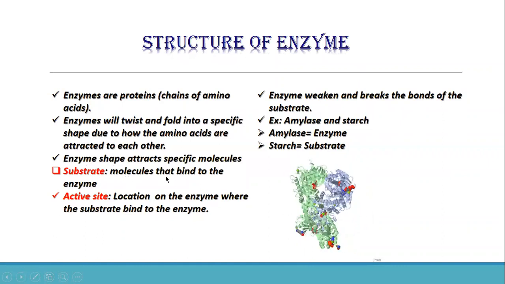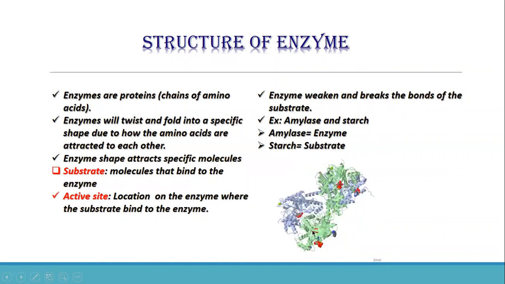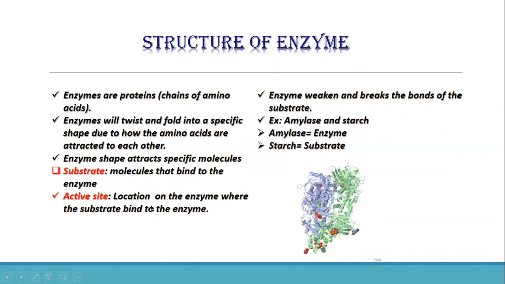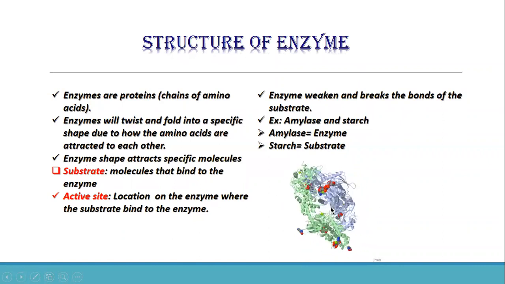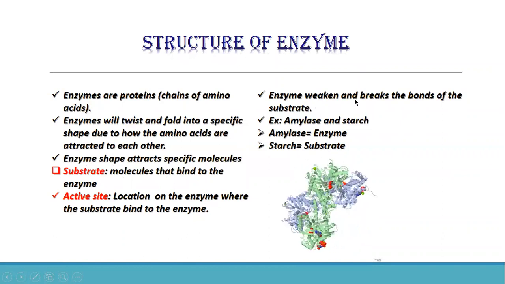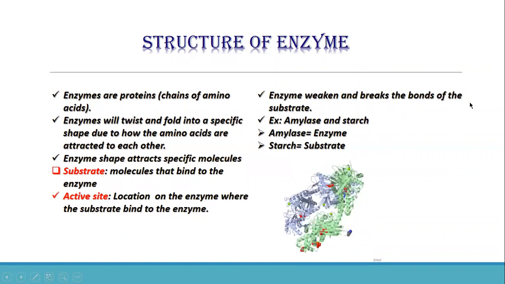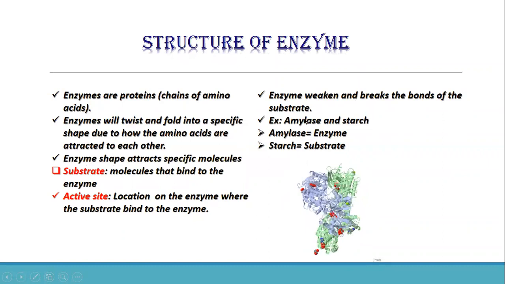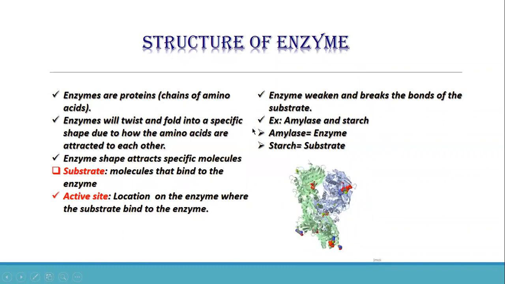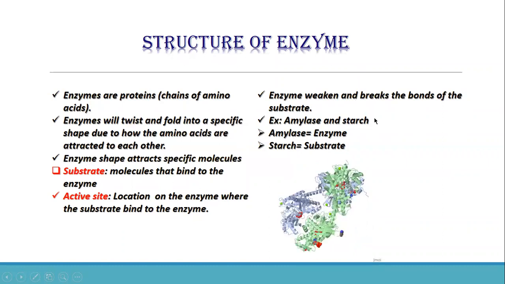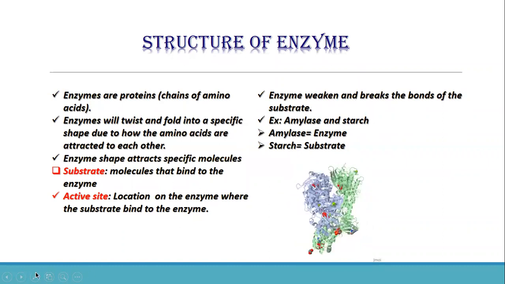Substrate means the molecules that bind with the enzyme. Active site is the location on the enzyme where the substrate binds to the enzyme. The enzyme weakens and breaks the bonds of the substrate to form product. Amylase and starch are an example. Amylase is an enzyme, starch is a substrate.